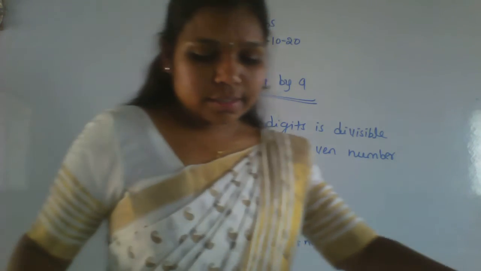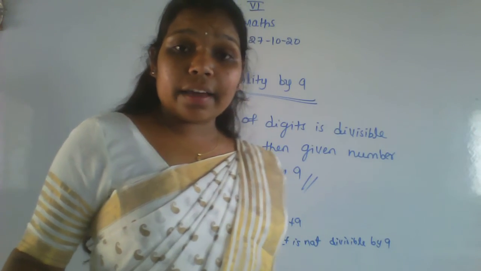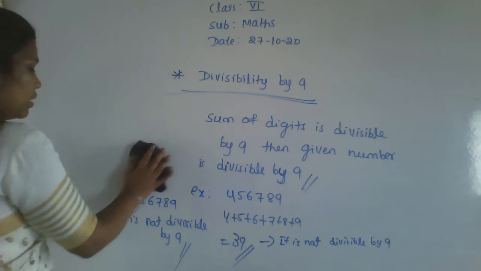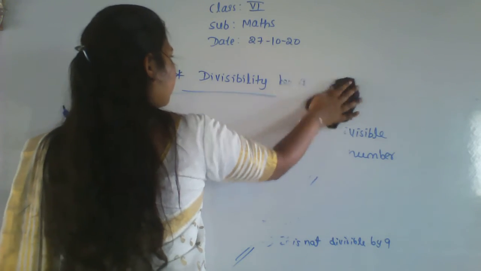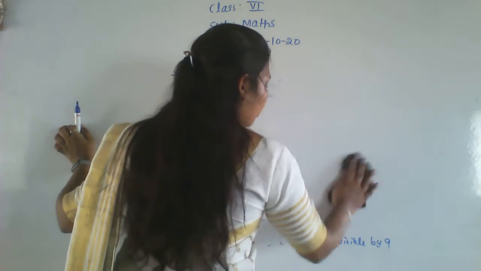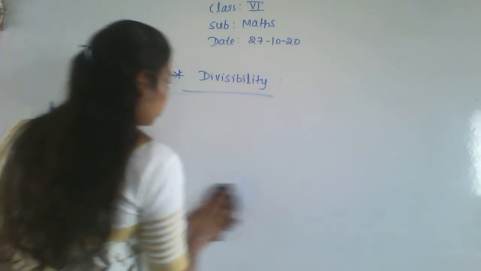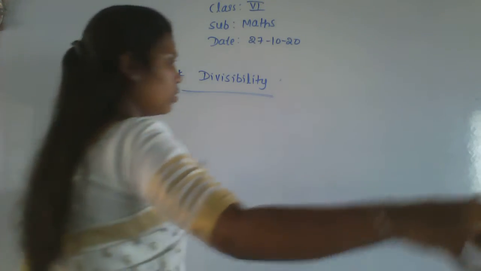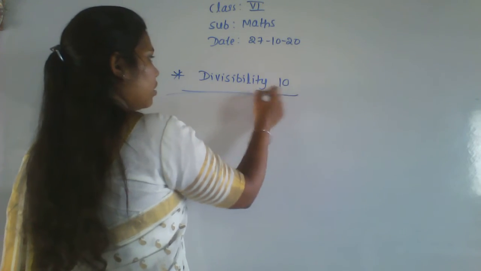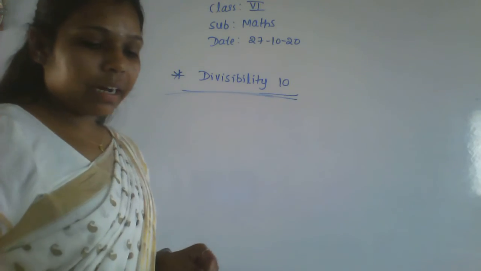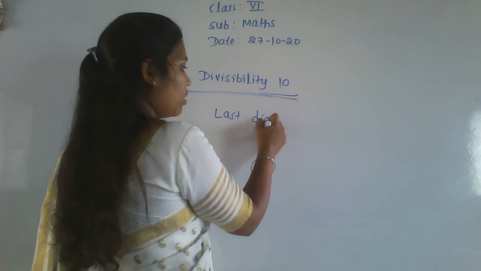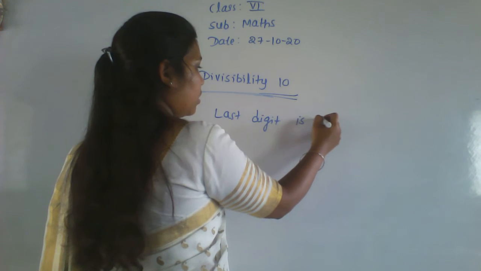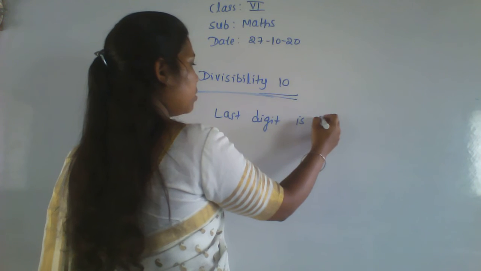Okay. Now we'll go for divisibility by 10. Divisibility by 10 means the last digit should be 0.